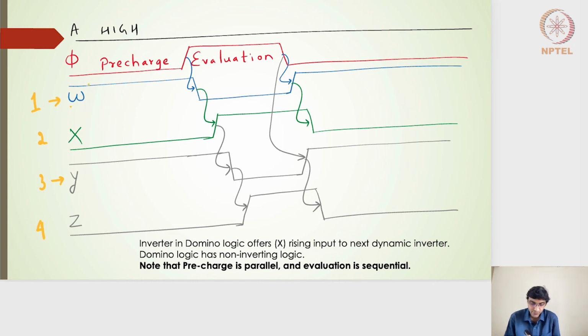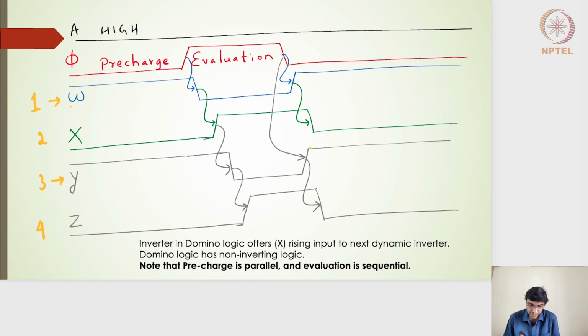In the evaluation phase, W goes down because input A is high, so it goes down with some delay. X will ensure that it goes high whenever W goes low. Y on the other hand, because X is a rising input, Y will stay at VDD, and whenever X goes high, Y will drop to 0 in the evaluation mode, and Z will be nothing but the complement of the Y input, right?